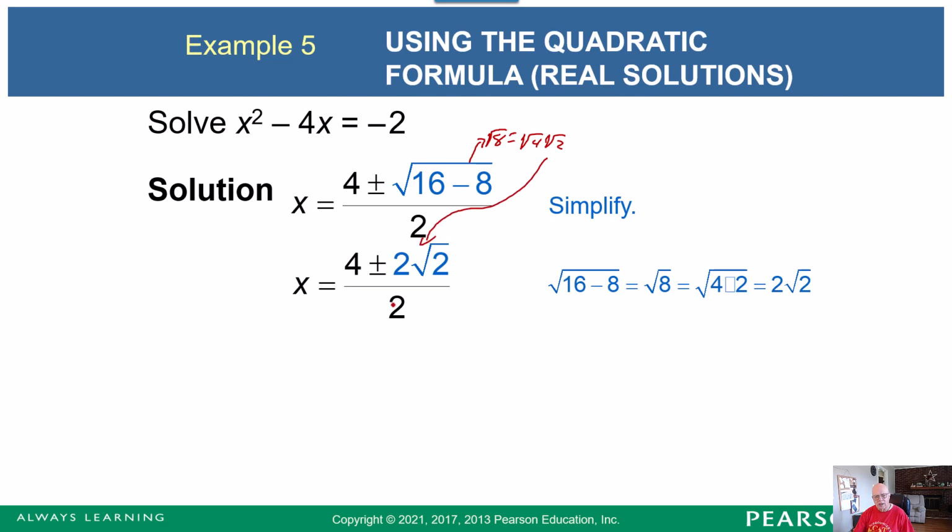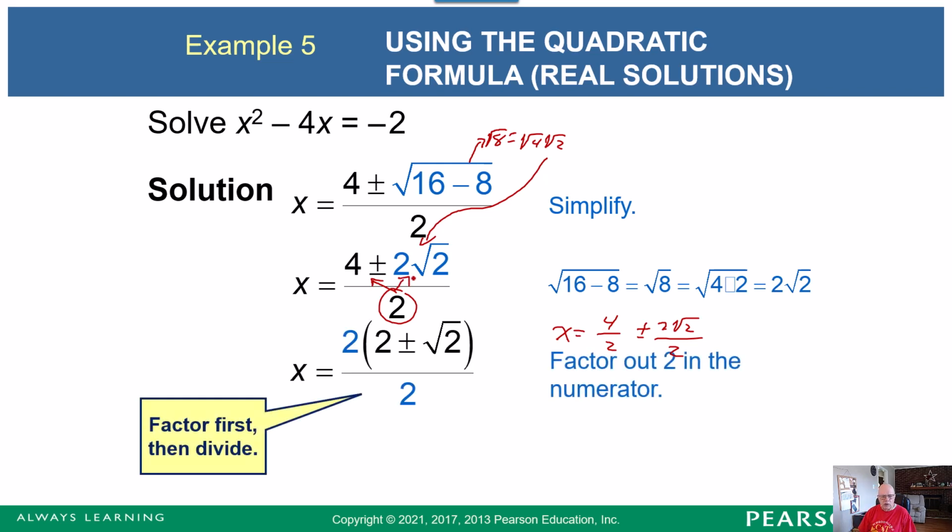Now notice 2 is divided into both of those. So what you've got is 4 over 2 plus or minus 2 square root of 2 over 2. This 2 gets divided into both parts. So you can factor out the 2's, cancel them out, and there are your solutions: 2 plus the square root of 2 and 2 minus the square root of 2.